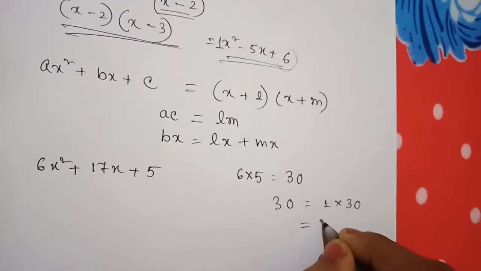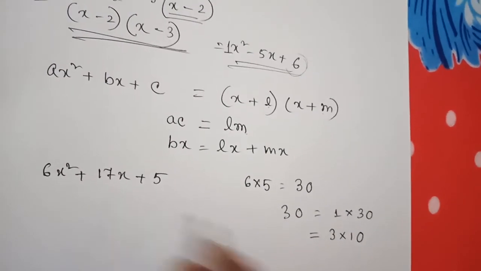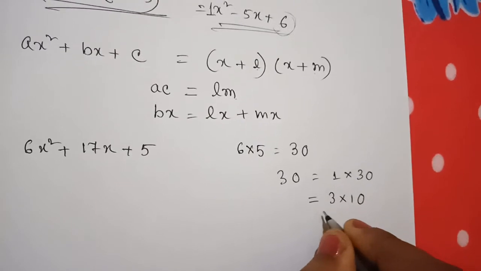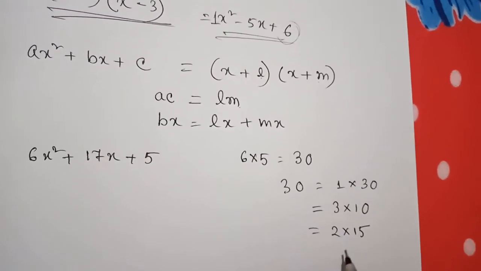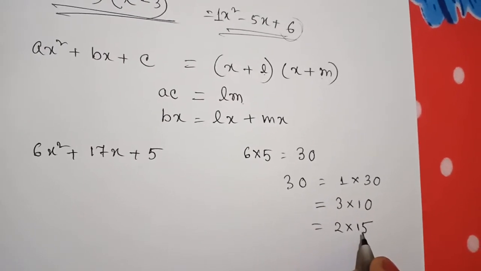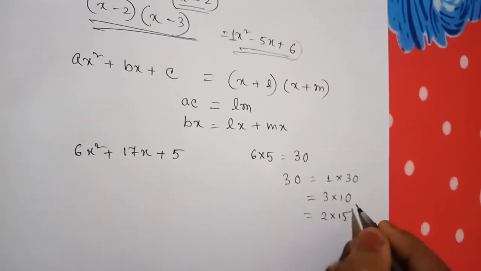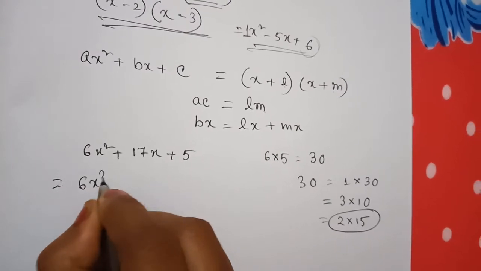Then 3 into 10, again 3 and 10 will not give us 17. Then 2 into 15, yeah, we have got the match. 15 plus 2 gives 17. So this is our right choice.